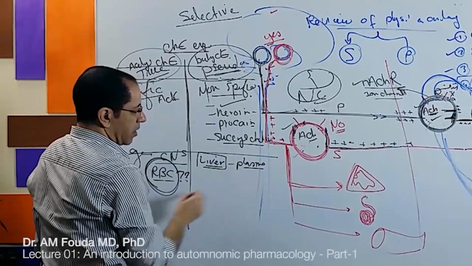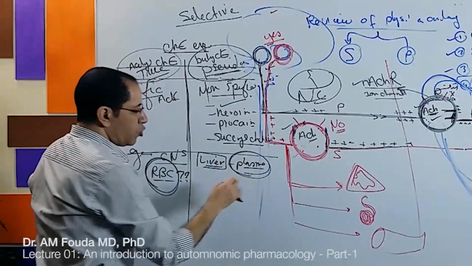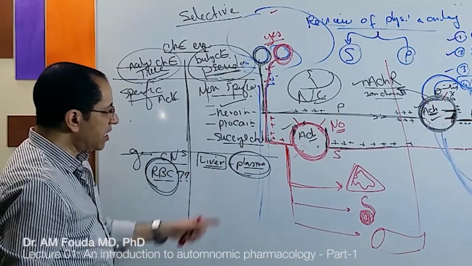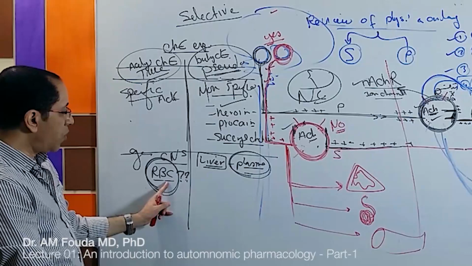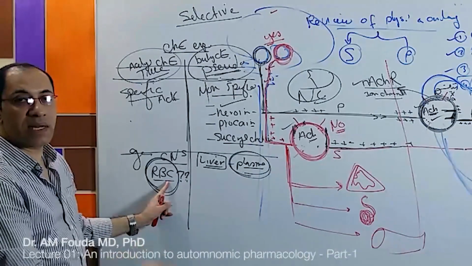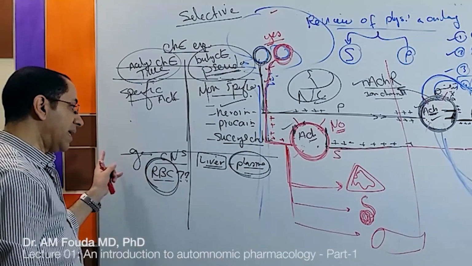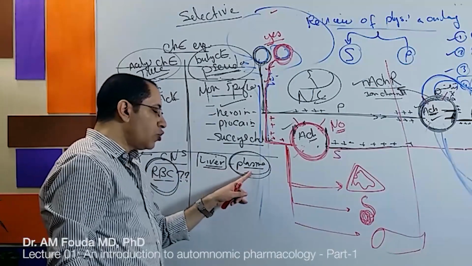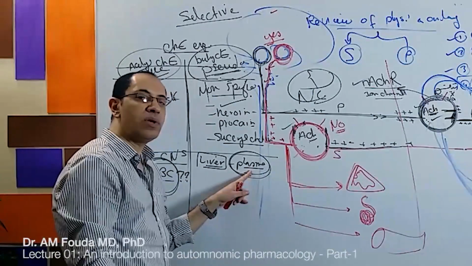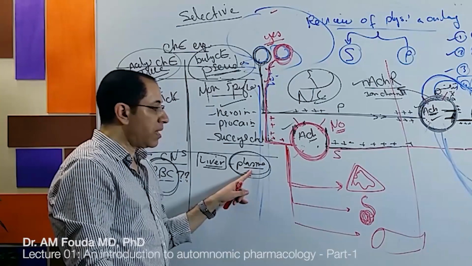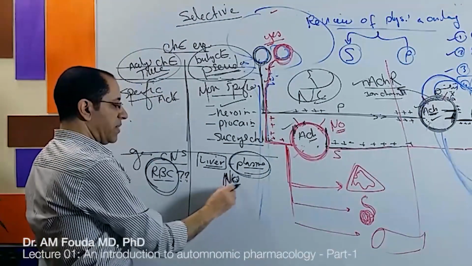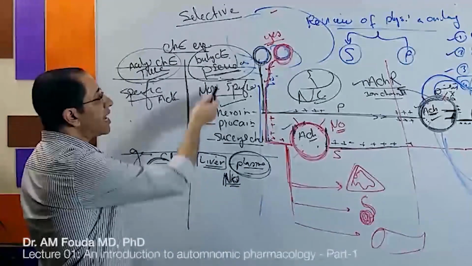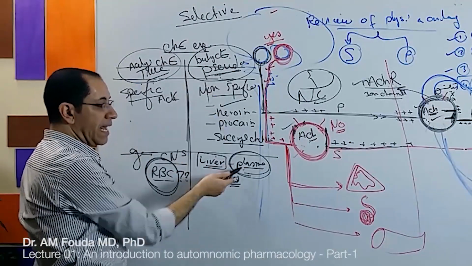So, why do we have pseudo-choline esterase in plasma? The answer is because it is not specific for acetylcholine, so it's present in plasma to break down many other compounds such as heroin, procaine, succinylcholine. Sometimes you may even eat food that contains choline esters, substances similar to acetylcholine.